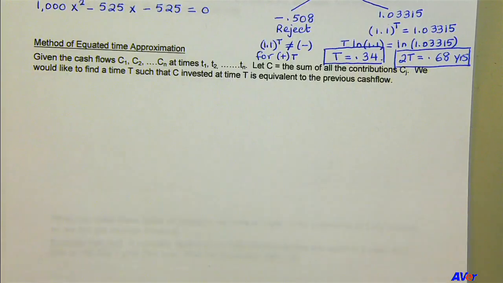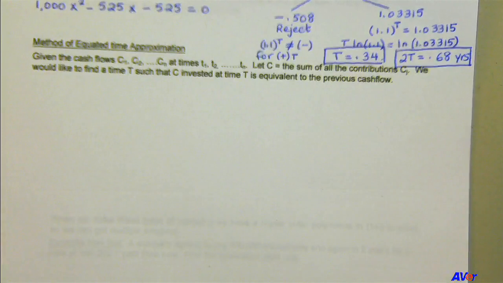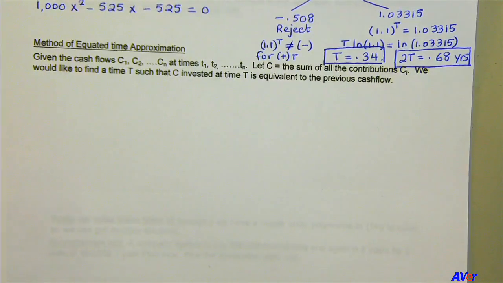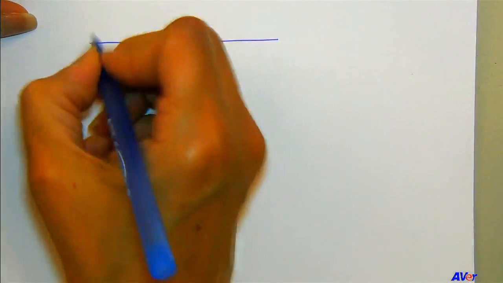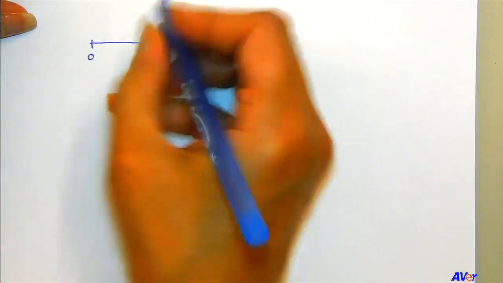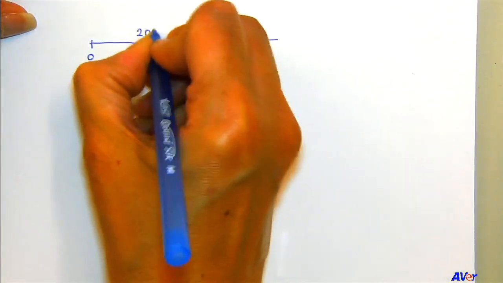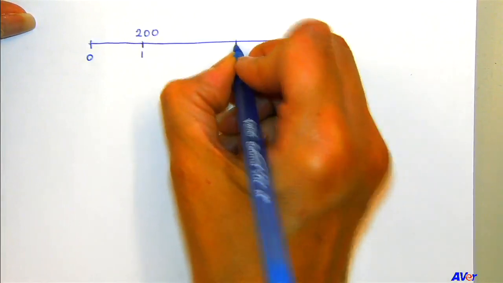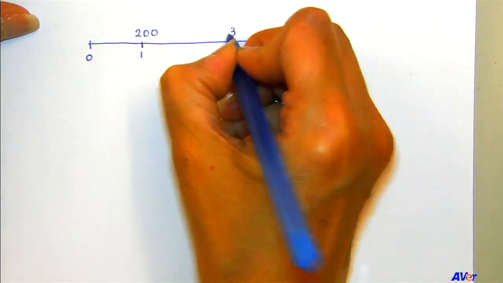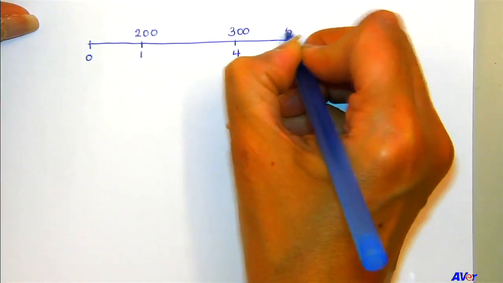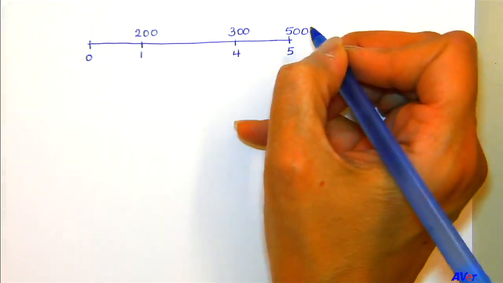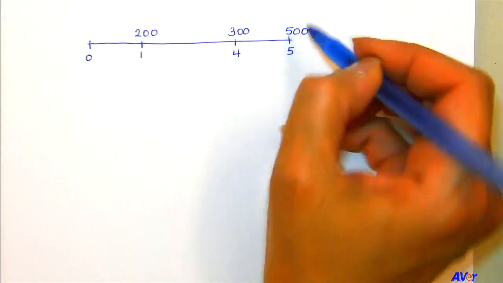Let me give you a quick example so you see where we're headed, okay? Let's say that at time 1 you have a contribution of 200, and at time 4 you have a contribution of 300, and at time 5 you have a contribution of 500. First thing you do is add these.